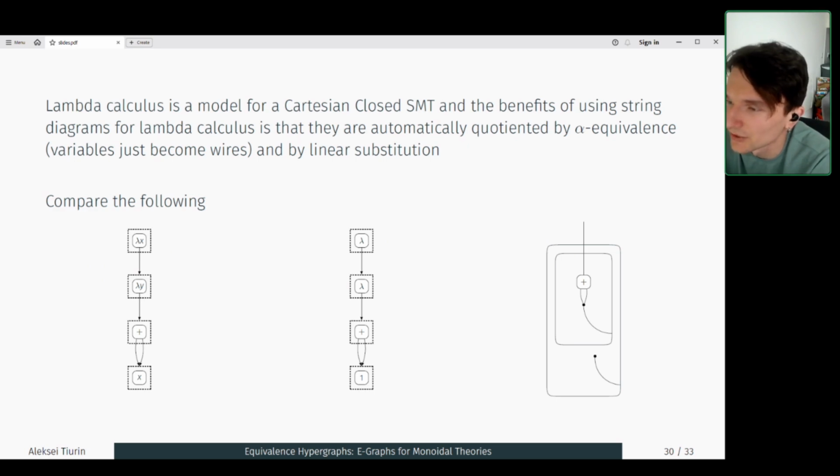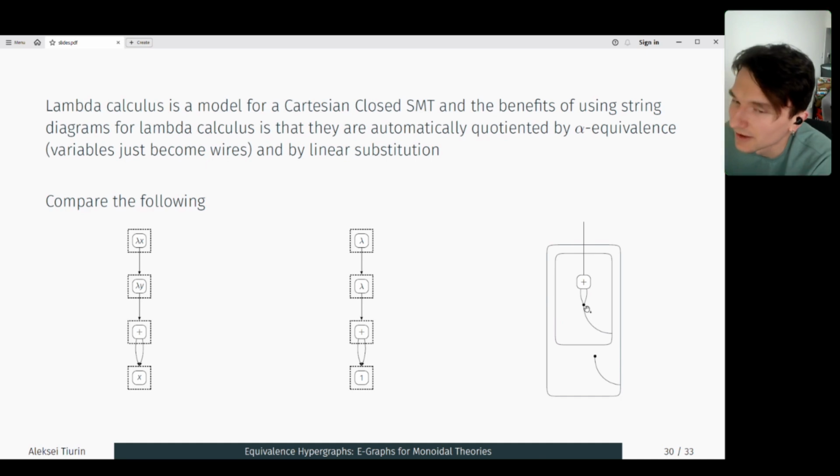So compare the following two EGRAPHS for lambda calculus, where we have lambda abstraction, and the leftmost has explicit variables, and the second one uses indices. And the string diagrammatic version on the right uses bubbles to represent this lambda abstraction, and it uses wires to represent the binding.